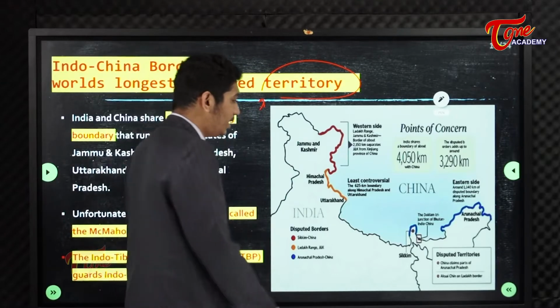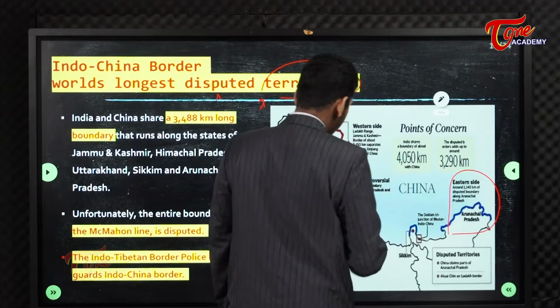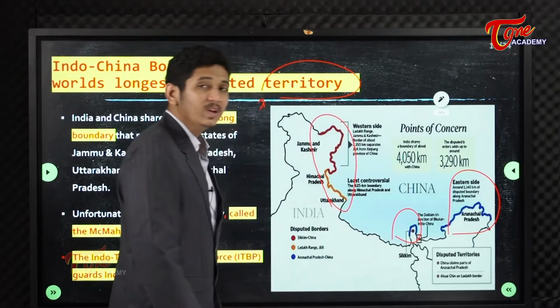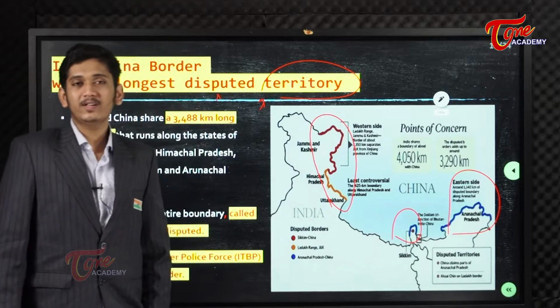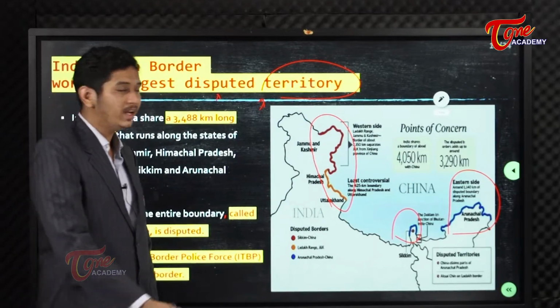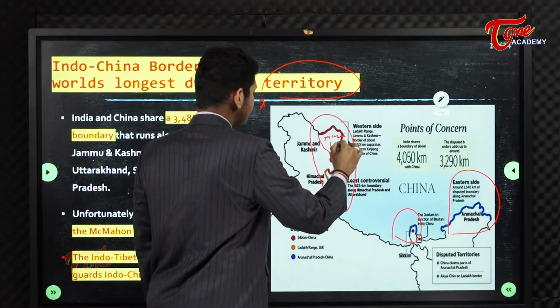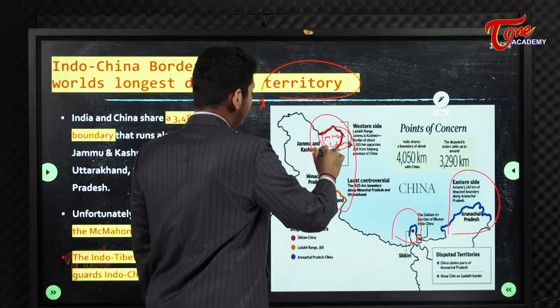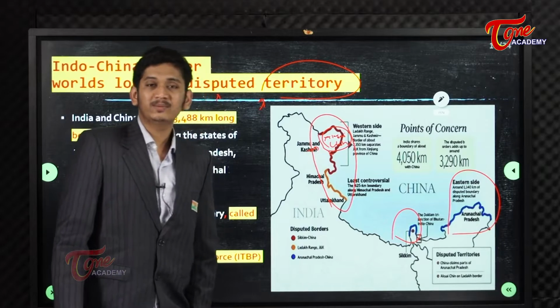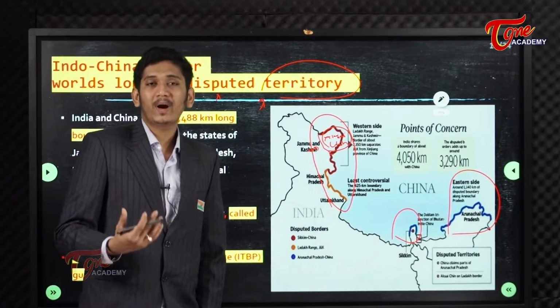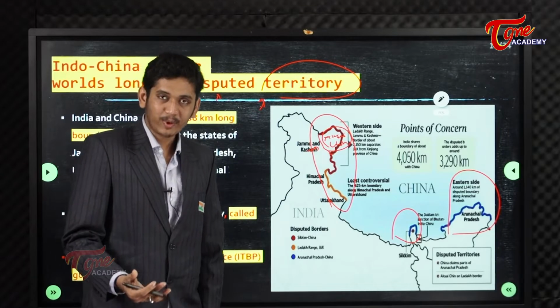This you can call the eastern sector, this the central sector, and this the western sector. In the western sector we have a dispute with China, especially after the 1962 war. After the 1962 war, a large territory of Jammu and Kashmir called Aksai Chin was conquered or occupied by China.